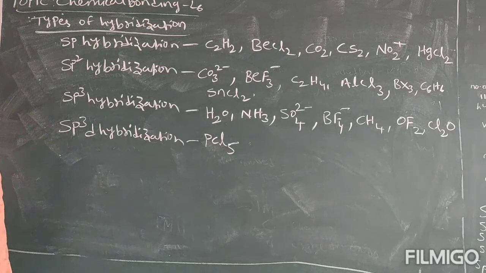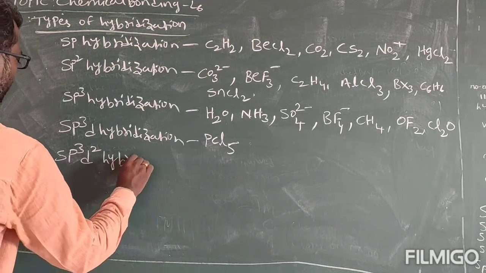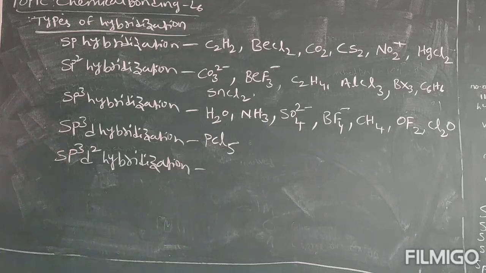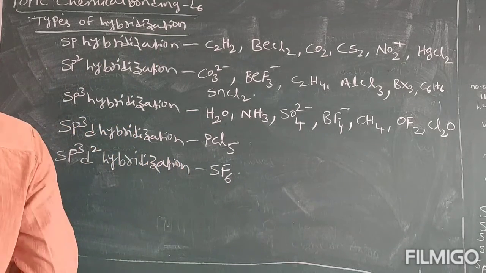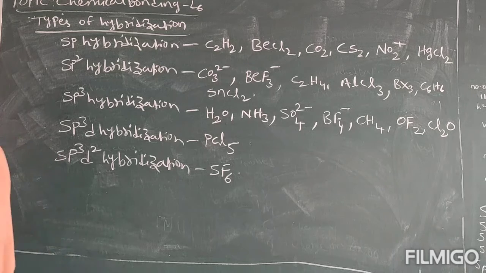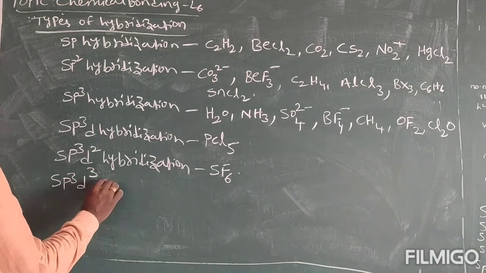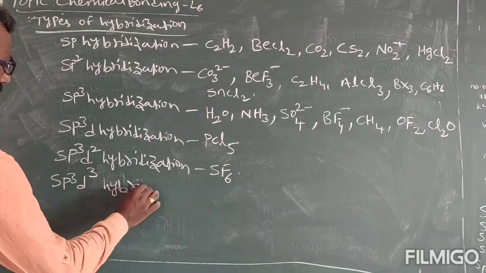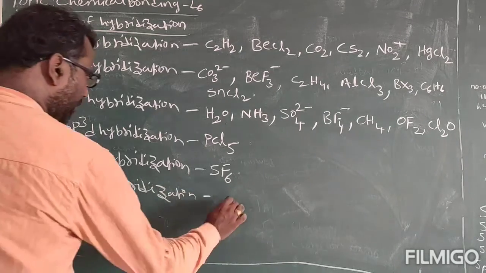And the compound which undergoes sp3d2 hybridization is SF6. And for sp3d3 hybridization the example is IF7.